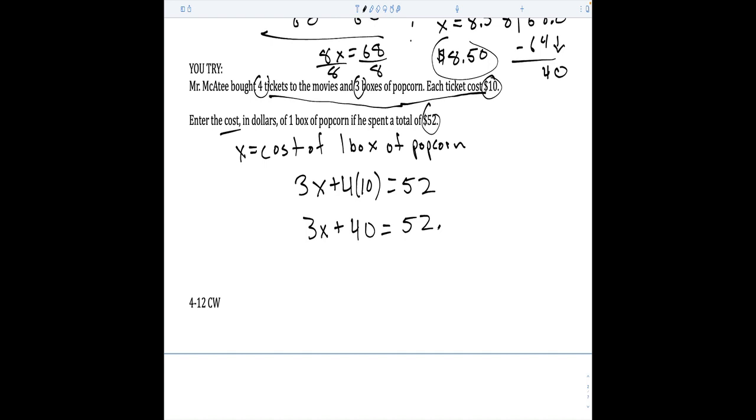Because they're each related. $10. That's on you. Mr. McAfee, can I sharpen my pencil?